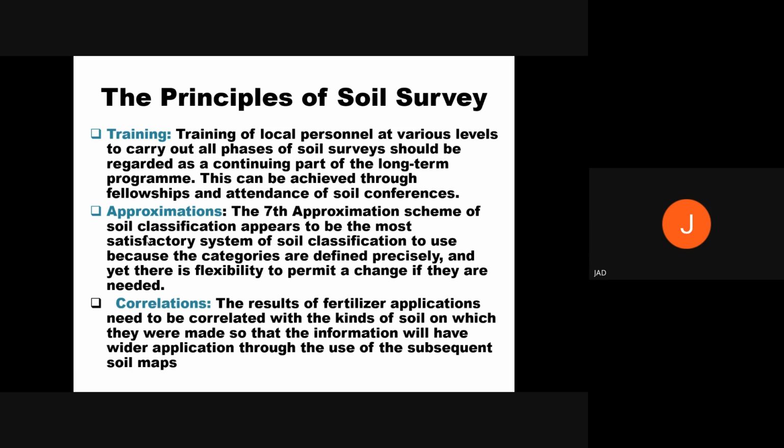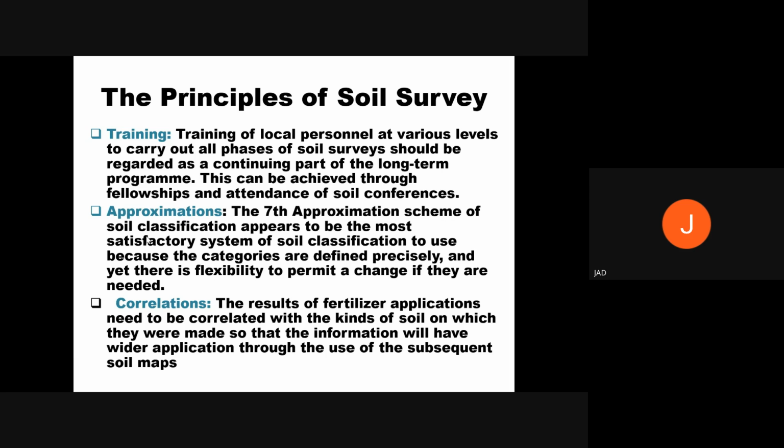Then you need to also draw inferences, correlation of soil type with the kind of interventions that need to be made to improve its performance in terms of its ability to support crop production. So the result of fertilizer application needs to be correlated with the kinds of soils in which they were made, so that the information will have wider application through the use of the subsequent soil maps.